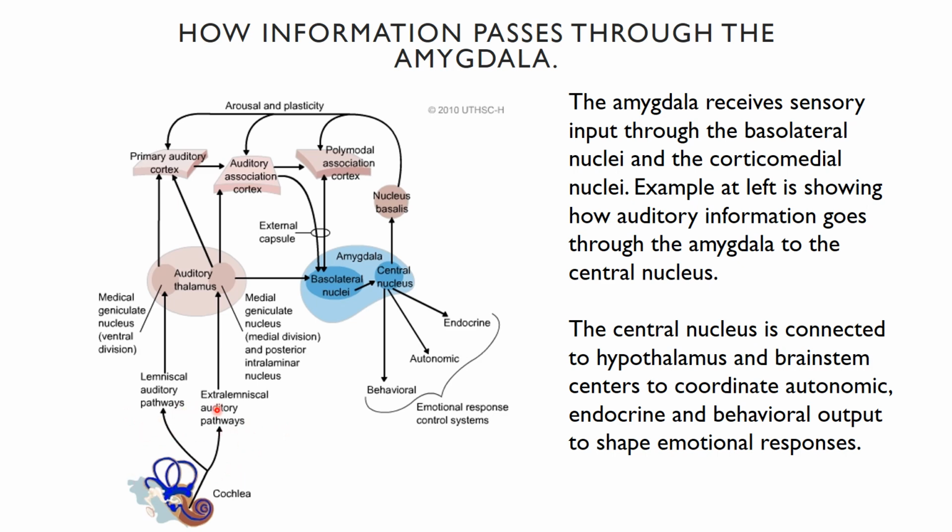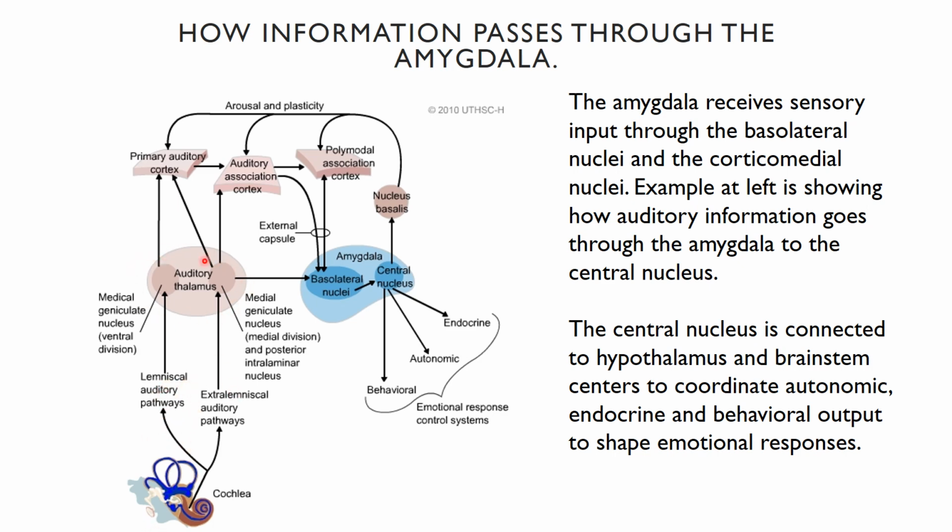So for instance, if we're just talking about auditory information, say a scary noise, a ghost making ghost noises, or a zombie going for brains. That's pretty scary. It goes through its normal auditory pathways.